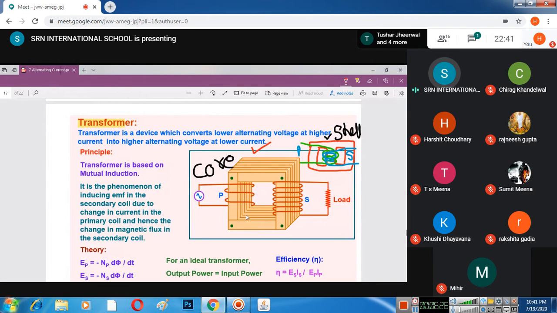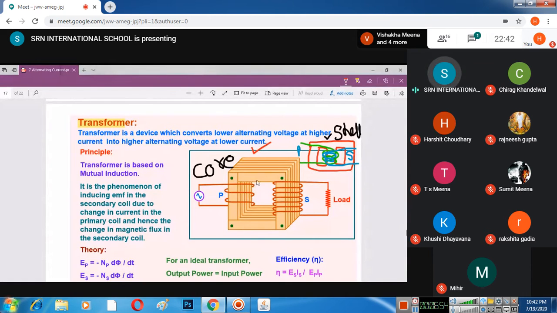So these two transformers have their own advantages and disadvantages. Mostly core type transformers are big in size and we need a specially designed coolant for them. That means we dip them into a coolant. I hope you must have heard of transformer oil.